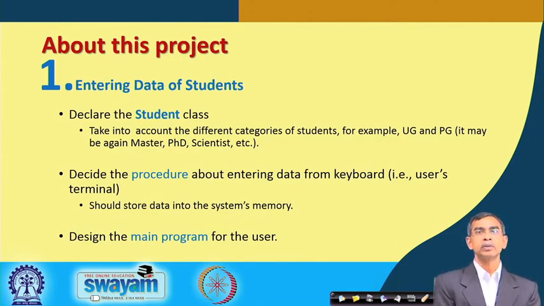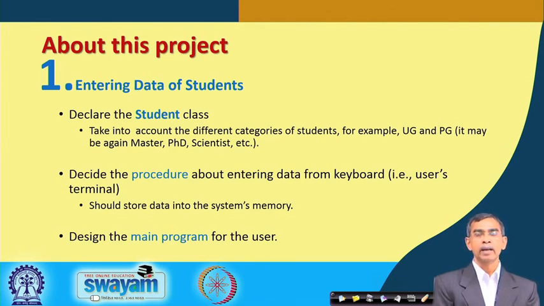This class should take into account the different varieties of students. Students may not be uniform; some students may be studying only an undergraduate course, some a postgraduate course, namely MTech or PhD. There may be some higher than the PG course also, say postdoctoral fellow or scientist.